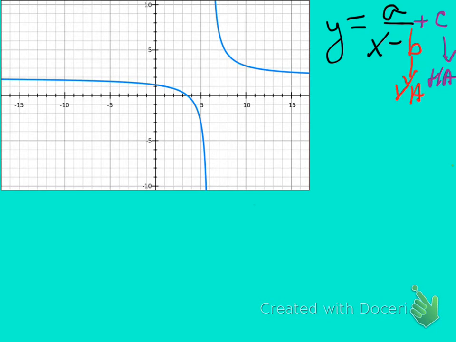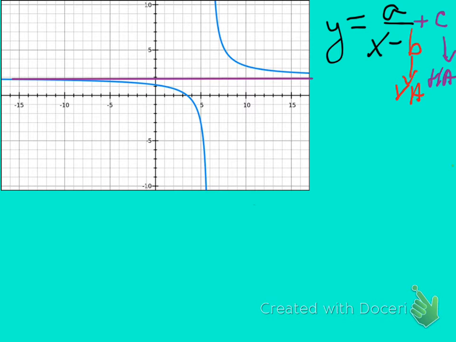So, the very first thing you want to do is try to find where these two values are. Looking at my graph, I see that my horizontal asymptote is at y equals 2, right?